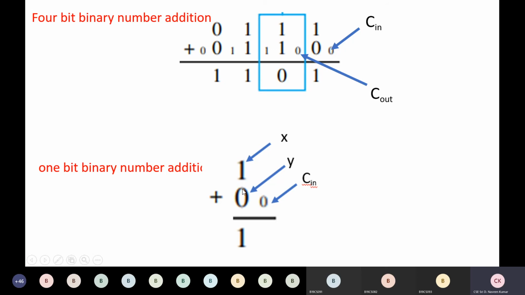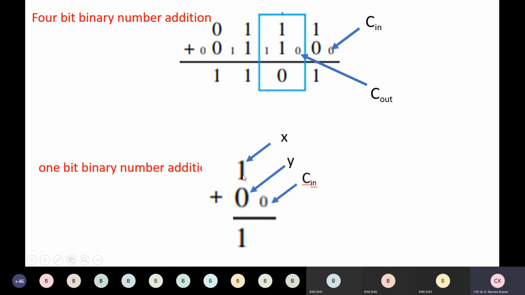Because there are three positions x, y, and c, and the possible values for each variable are 0 or 1, two possible. This can be 0 or 1, this can be 0 or 1, this can be 0 or 1. So total combinations is 8 combinations possible, right?